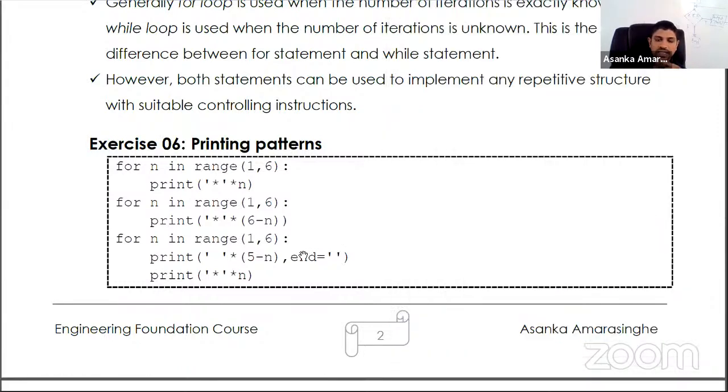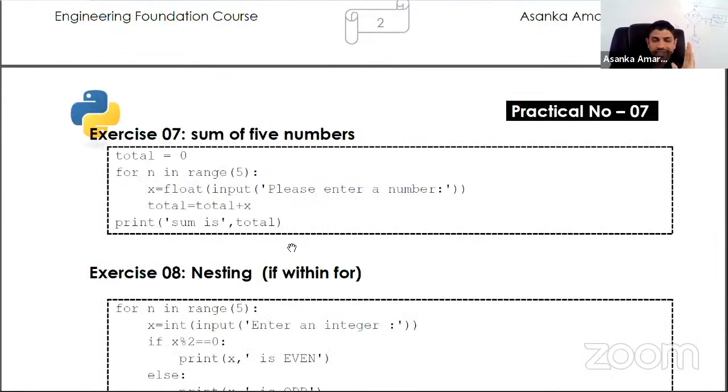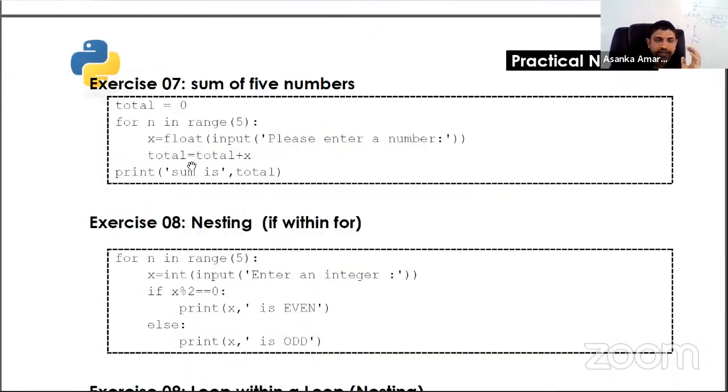I think it is clear, right? Definitely in your examination, you have to expect that kind of question. Right, we will move into exercise number 7. It's also a simple program that we have. Sum of 5 numbers. All of you try this program.